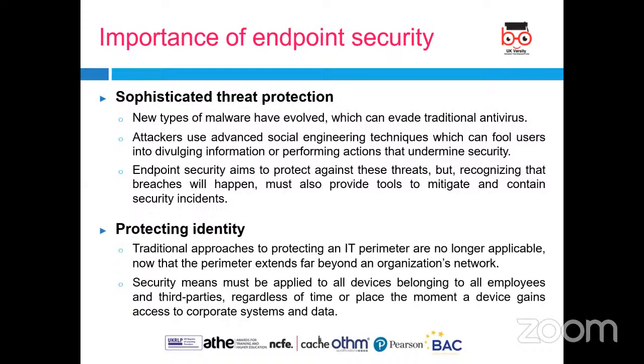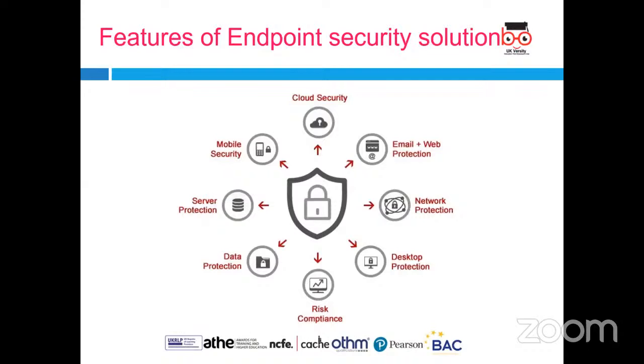For instance, now that the perimeter has been extended far beyond the organization's network, security measures must be applied to all the devices which belong to the employees or even third parties. This image illustrates the type of entities which are involved in this security system.